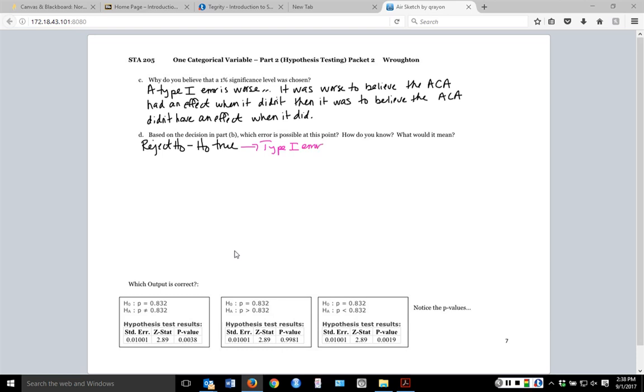How do I actually know this? Because we rejected the null hypothesis. That's our only option. There's no way that we failed to reject when it was false. The only thing we could do is that. So what would it mean in the context of the problem here?